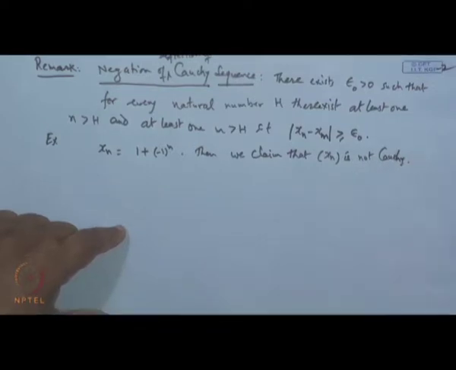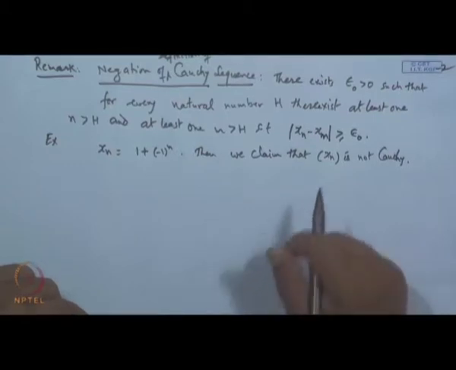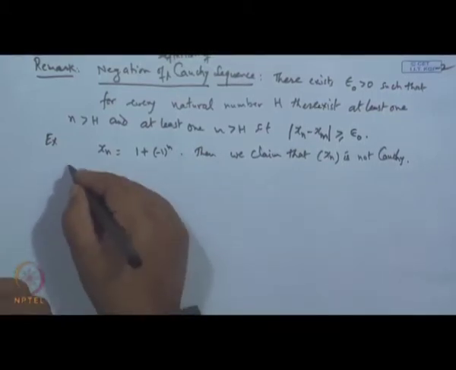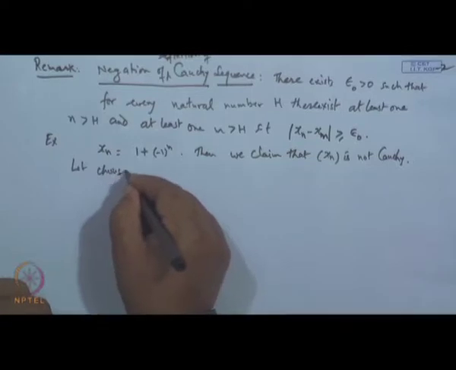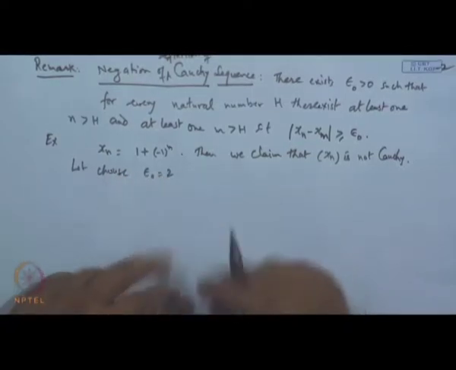This is our claim. It means this condition is not satisfied. So, let us pick up the epsilon naught. Okay. So, let us choose epsilon naught equal to 2. There exists an epsilon naught, we take epsilon naught.